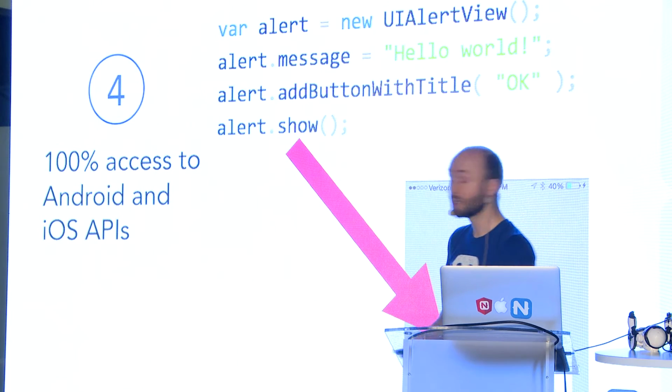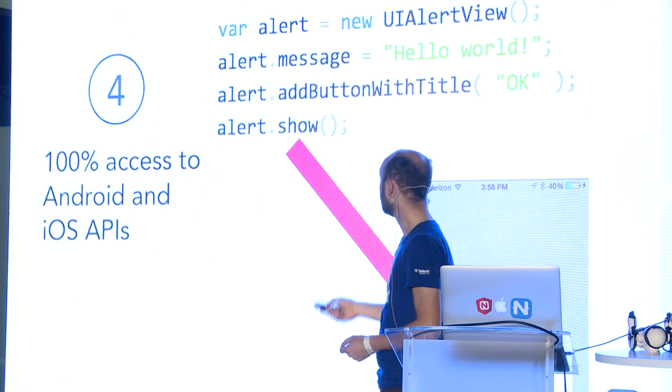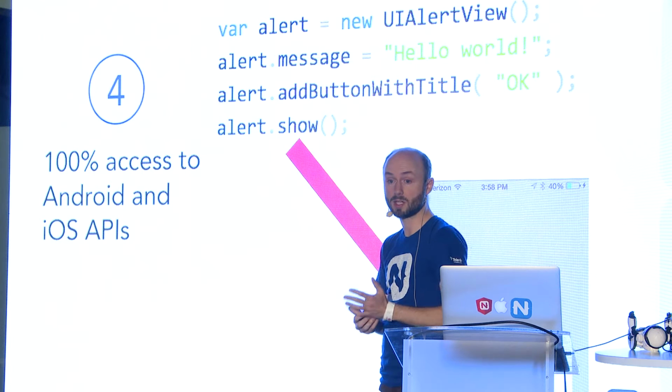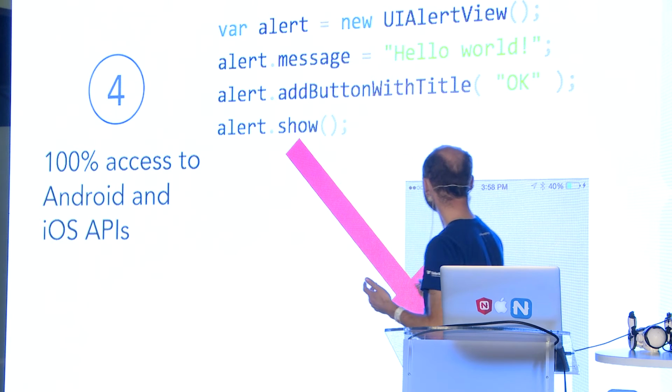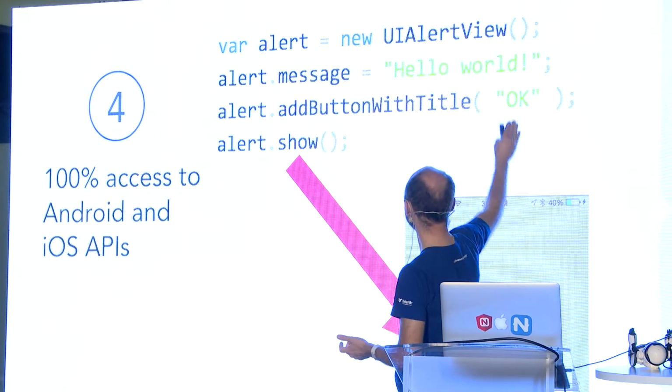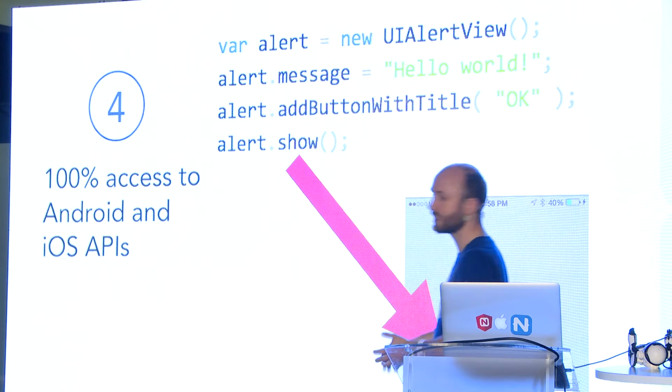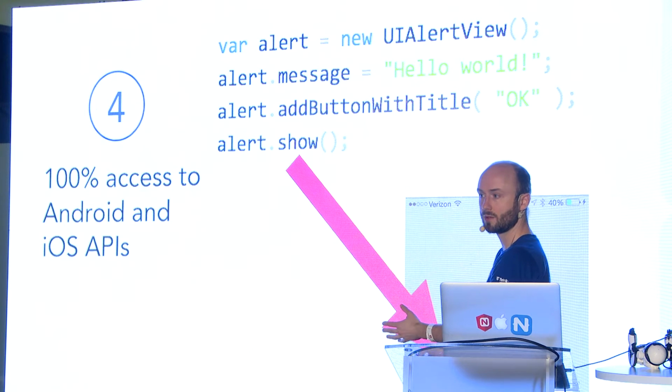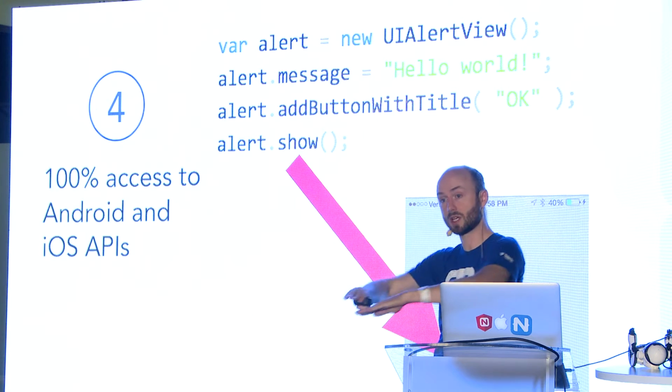And then finally, and this is really a big deal, you get direct access to native APIs. For example, if I wanted to create a pop-up in NativeScript, I could literally just call new UIAlertView, set a message, add a button with a title, call show, and I get a pop-up, right? This is just an example of how we do it at the low level.